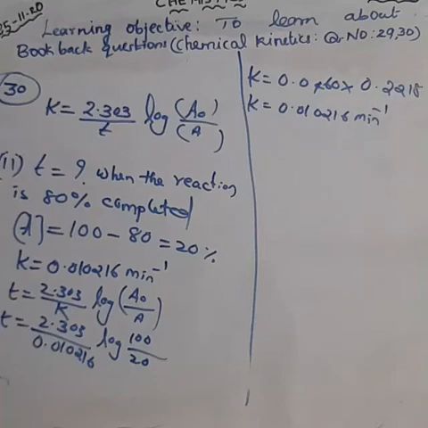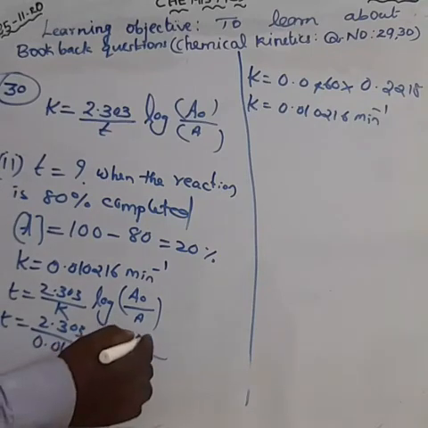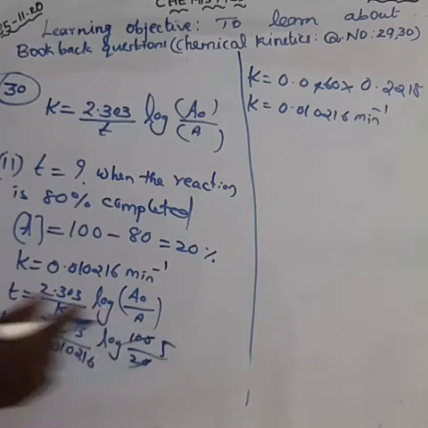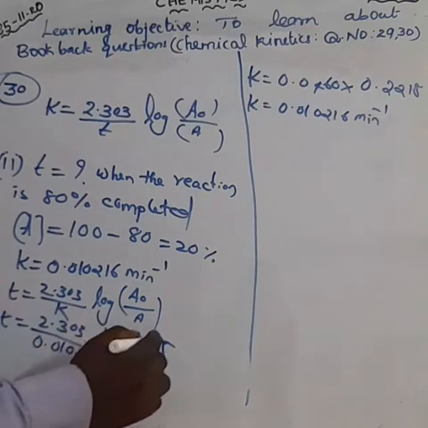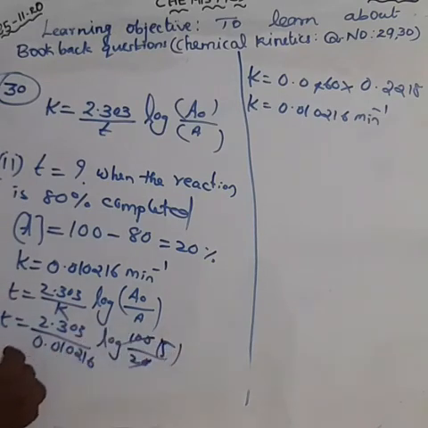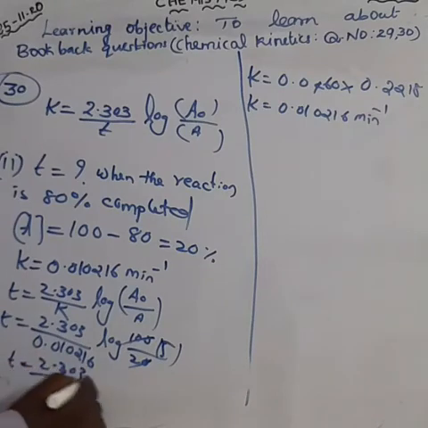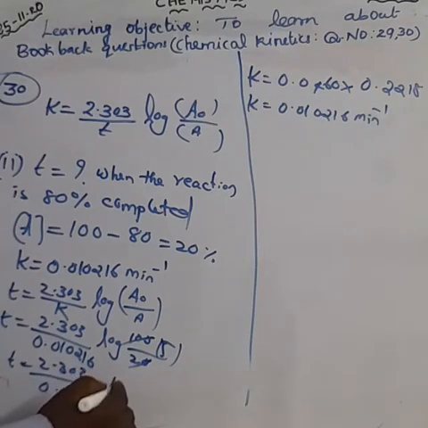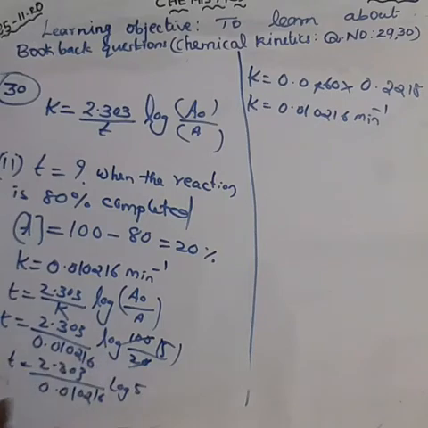Dividing 100 by 20, we get 5. So T is equal to 2.303 divided by 0.010216 log 5.